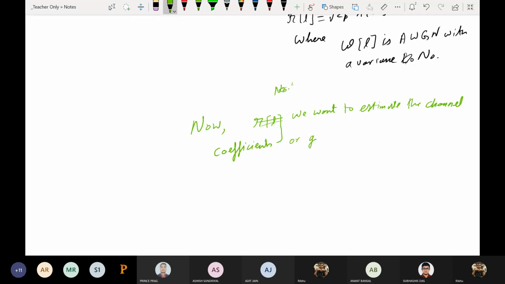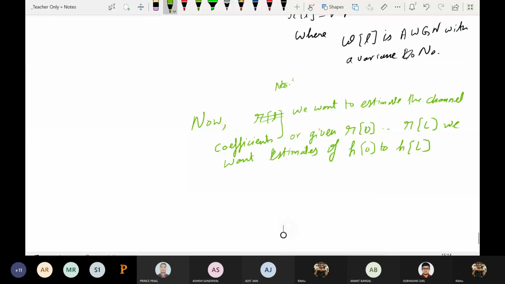Given R0 to RL, we want estimates of H0 to HL. So what do we do?